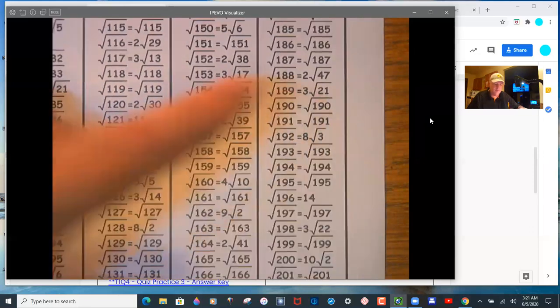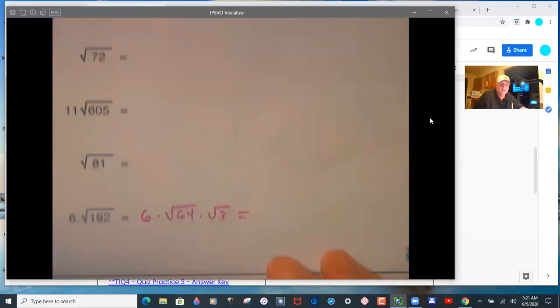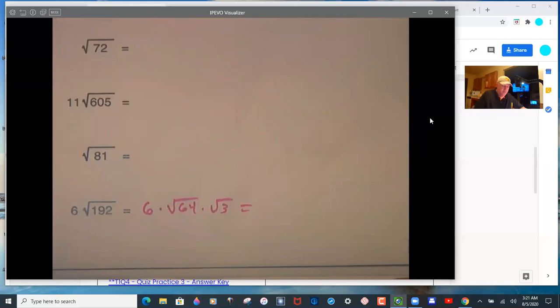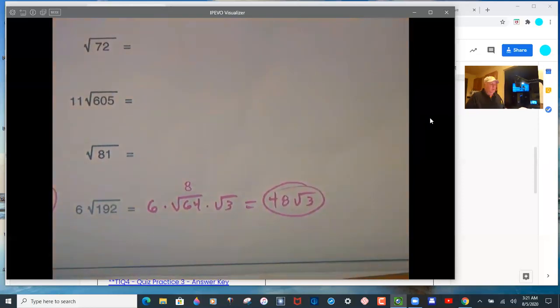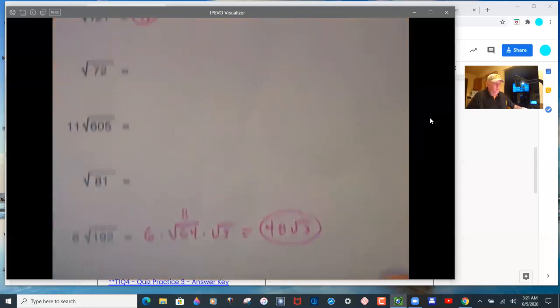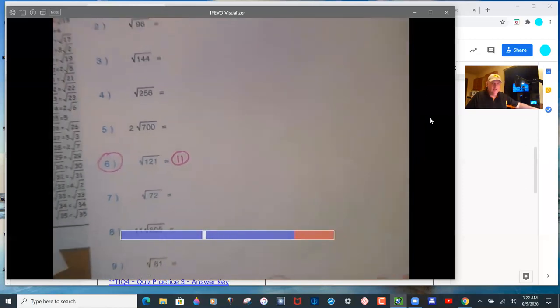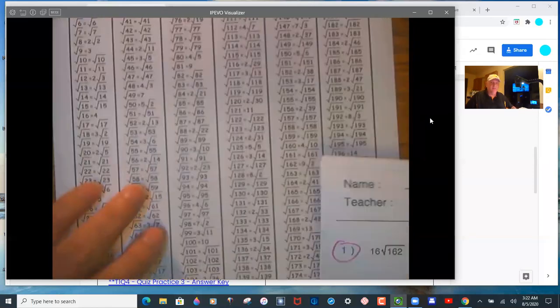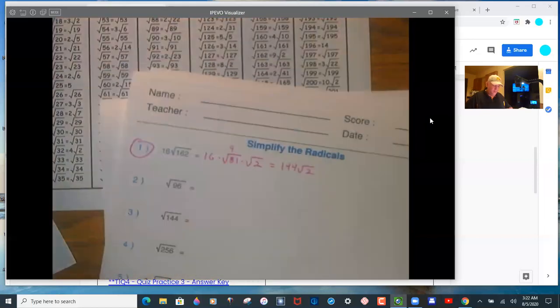This one is 8 times the square root of 3, so 64 is the largest one that will go in, and I got that by looking up 8 times the square root of 3. If you have that page of notes and some good technology, actually the best thing is this page here. If it's on the page, your square root simplifying work will be pretty simple.